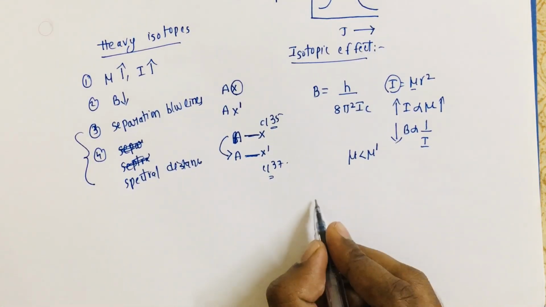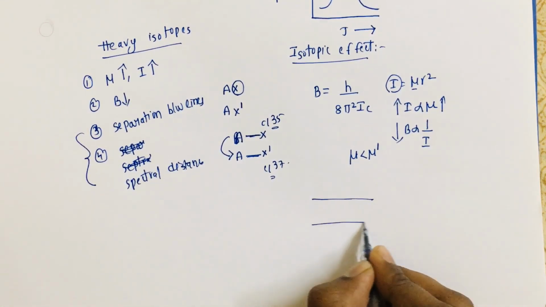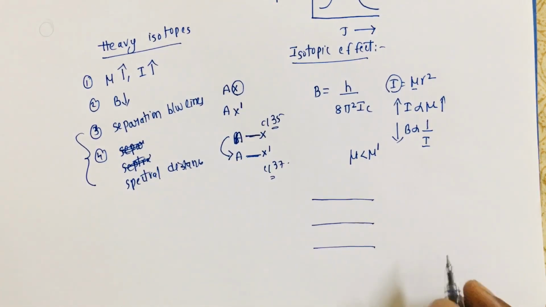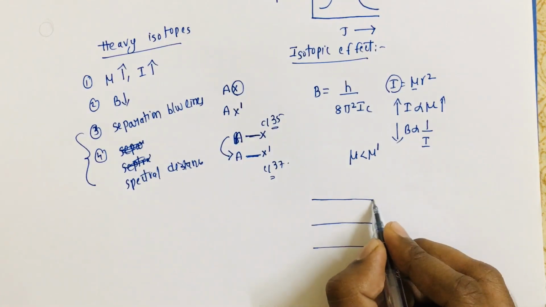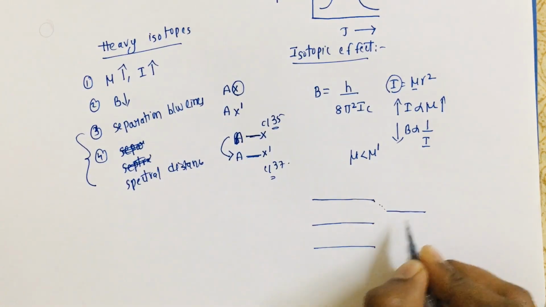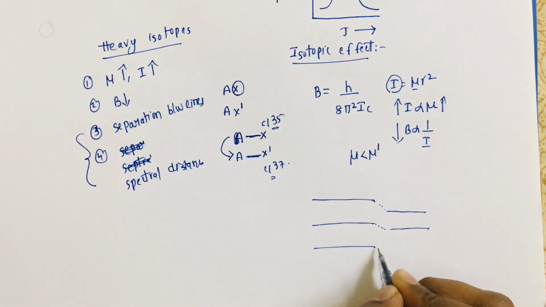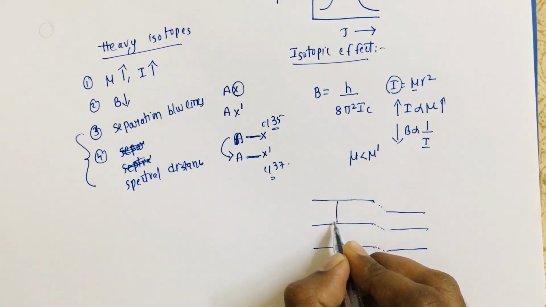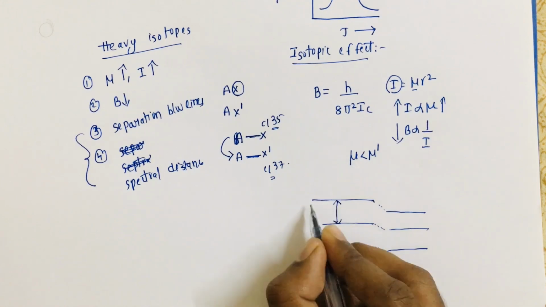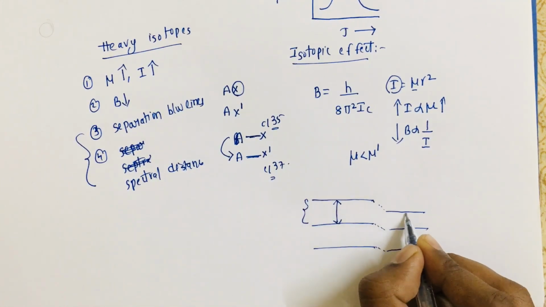When we have a spectrum like this, and the isotope is heavier, we know the spectrum will look like this. See the distance here, the separation between these two energy levels, and here we can see the separation between these two energy levels.